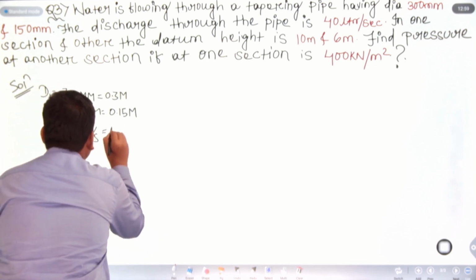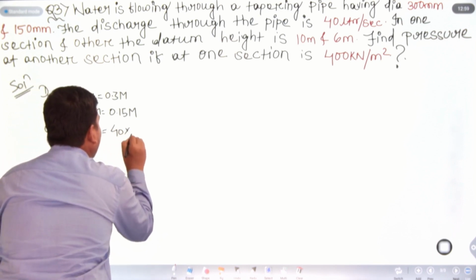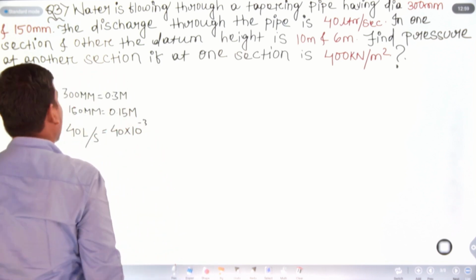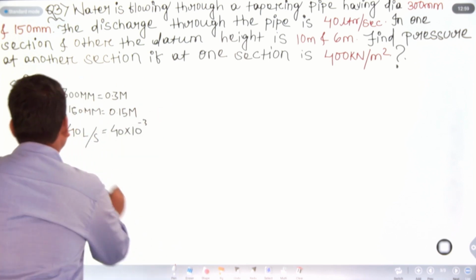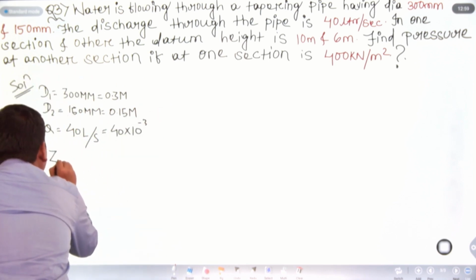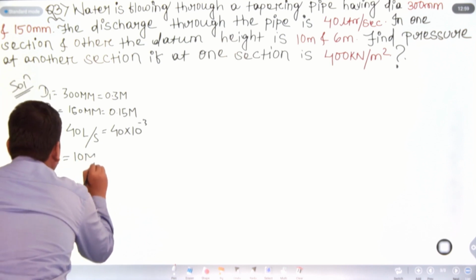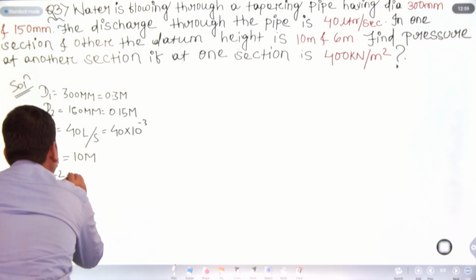That means 40 into 10 to the power minus 3. Now given that the datum head, your Z1 is equal to 10 meter and your Z2 is equal to 6 meter.